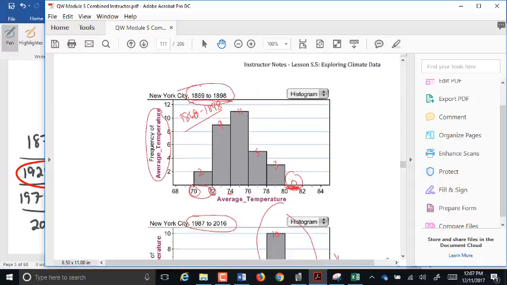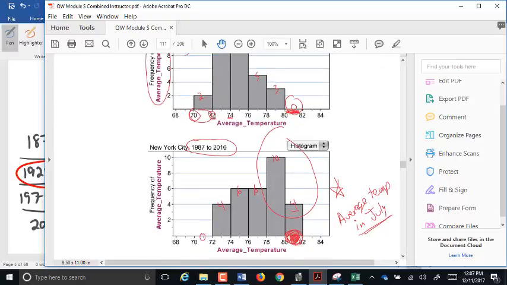So the argument might be made that even though the average temperature in July seems to be way higher now than it was 130 years ago, well, not 100, but 110 years ago, the question would come up, well, what about the low temperature in January? If the low temperature has also increased, then maybe that is strong evidence for an increase in temperature, the global warming.